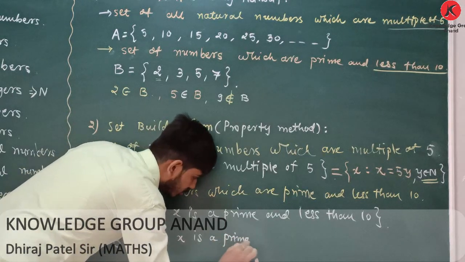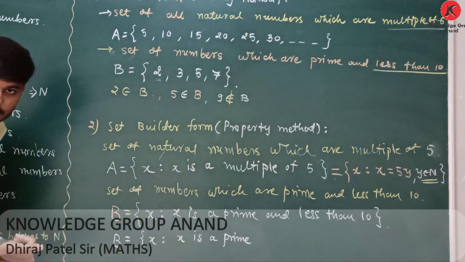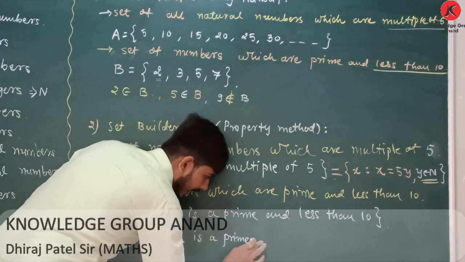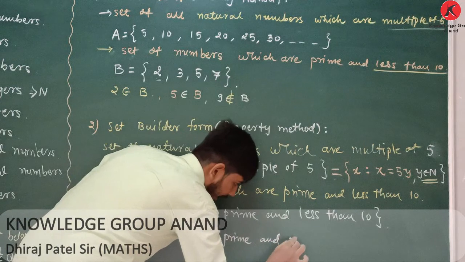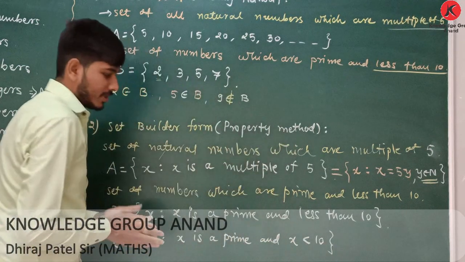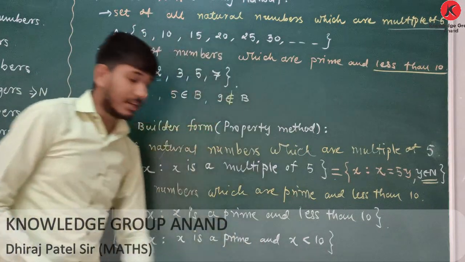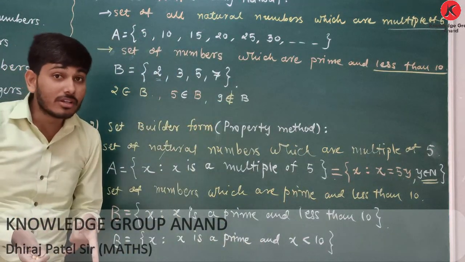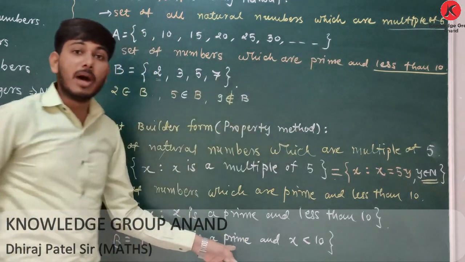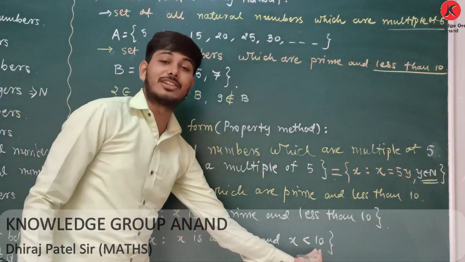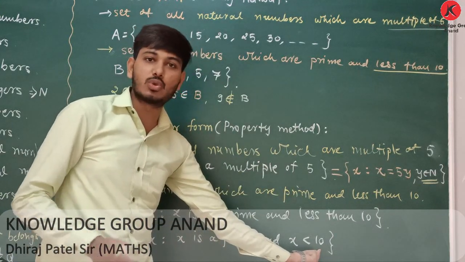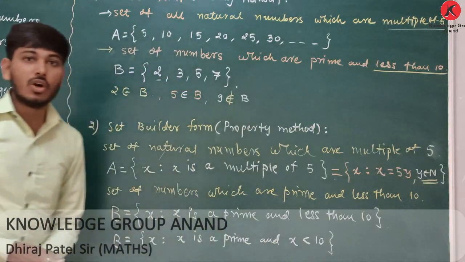There is no representation for prime. x is a prime where x less than 10. I am considering this one: x less than 10. Therefore, we know the x which are prime, there is a list of prime numbers, but we have to go for x less than 10. Therefore, there are 4 prime numbers: 2, 3, 5 and 7 only.